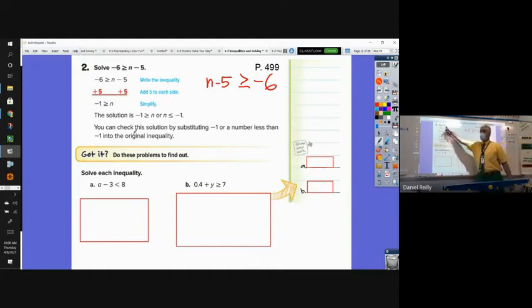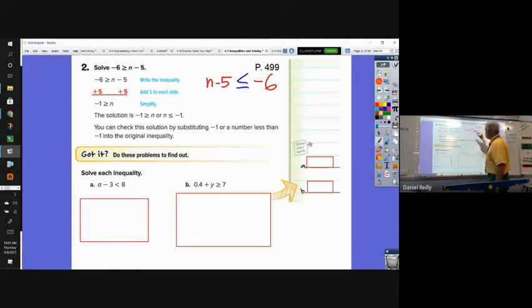No, it's not, right? Because I need the n value to be less than -6. So this side has to be less than. So if you switch the sides, you have to switch the direction of the inequality symbol, okay?